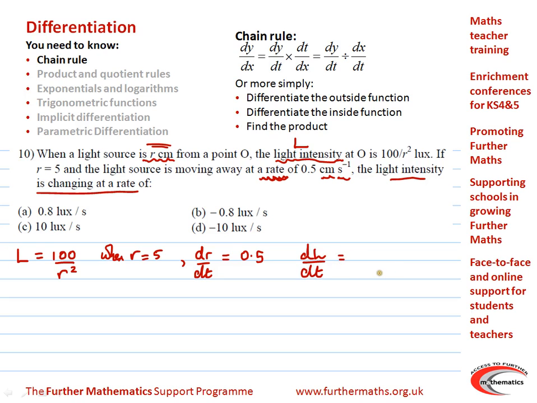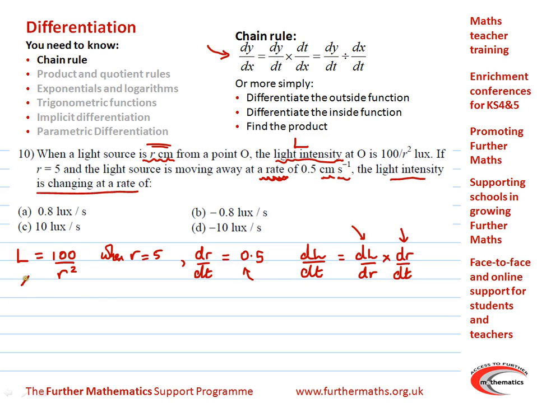We know that we're looking for dL/dt, and we could use the chain rule in its classic form here. We could rewrite this as dL/dr times dr/dt. Chain rule tells us that that's valid. And we already know dr/dt because we were given it in the question. All we need is to be able to find dL/dr.